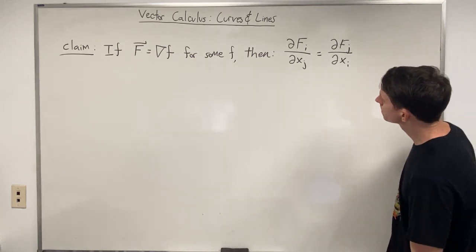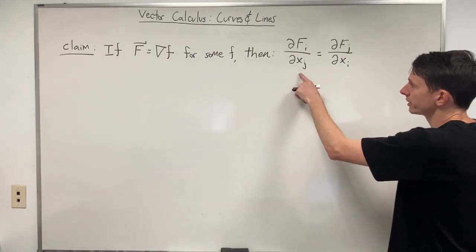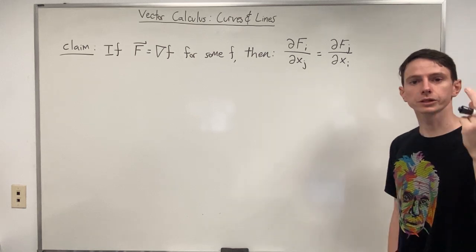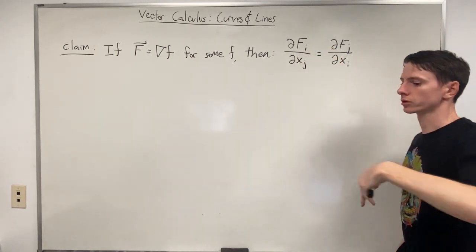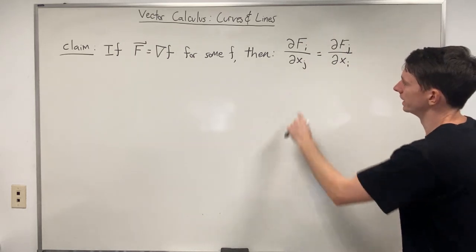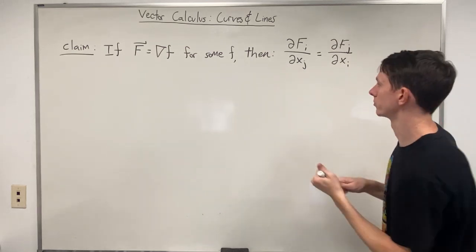If you're working in 3D Cartesian coordinates, your three different variables that i and j can index from are x, y, and z. For example, if i is equal to 1, your x coordinate, and j is your second, or y coordinate, then this is what the relation would result in.